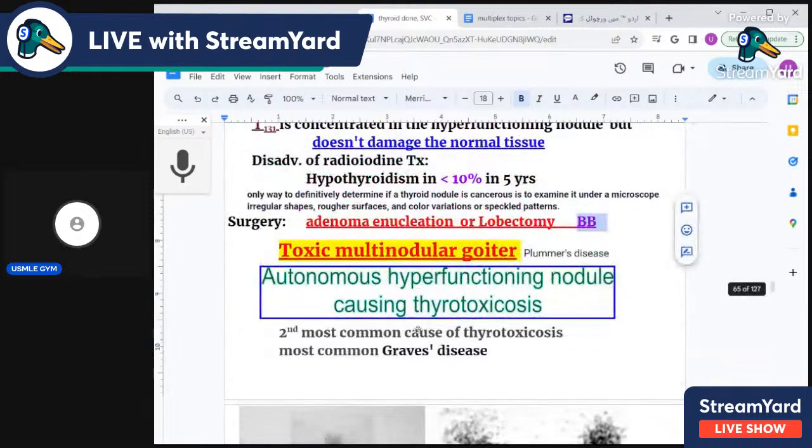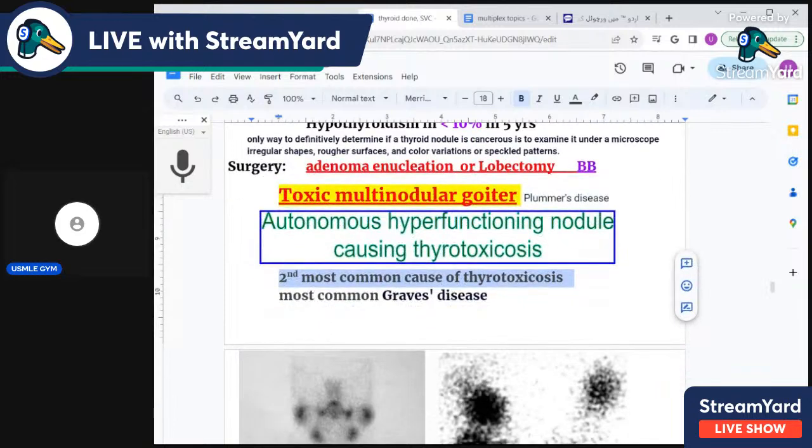Then we come to the toxic multinodular goiter. They have autonomous hyperfunctioning nodules. They cause thyrotoxicosis. Toxic multinodular goiter is the second most common cause of thyrotoxicosis, excessive thyroid production.